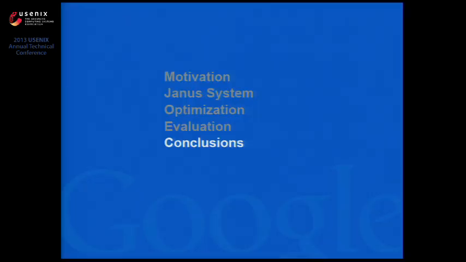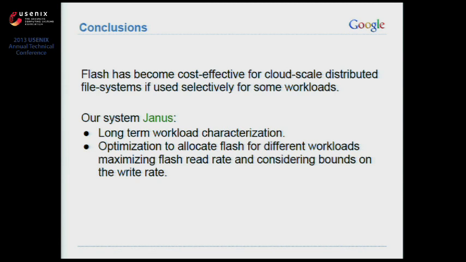There I'm getting to the conclusions already. To conclude this talk, Flash has become cost-effective in a large-scale distributed file system if it is used selectively for some workloads. Our system Janus does this long-term workload characterization as a first step.